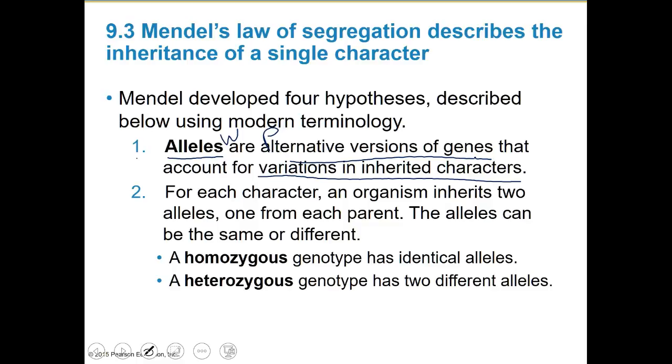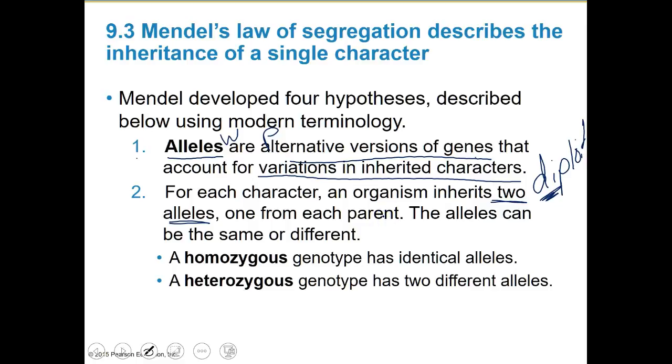For each character, an organism inherits 2 alleles. Fun fact, if you're following along, you get 2 alleles because they're diploid, so it has to be accounted for in each complete set of chromosomes. That's from that whole meiosis business. So we get 2 alleles, 1 from each parent.